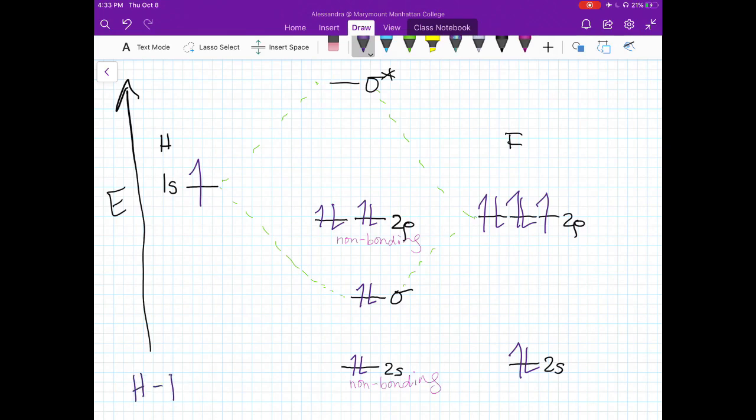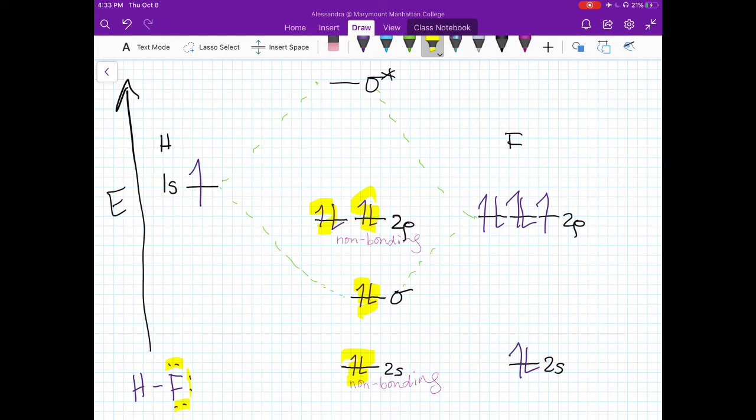If I draw the Lewis structure of HF, it looks like this. So I have a covalent bond, and the covalent bond arises from the 2 electrons that are shared in the bonding orbital. And then I have 3 lone pairs in non-bonding orbitals. So that's what these 6 electrons in the non-bonding orbitals correspond to.